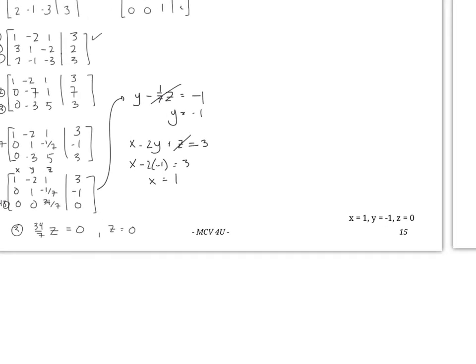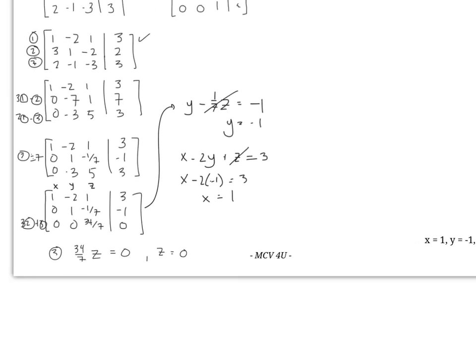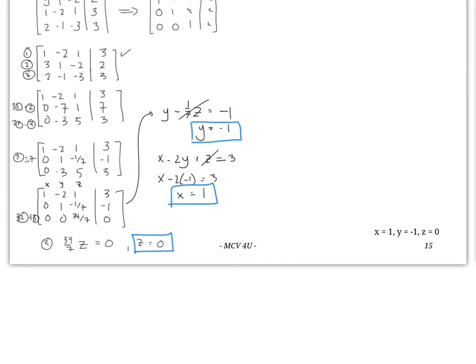Let's just check our answers over there. Yeah, look, our answers seem to be right. So our solution to this system of equations is that z equals 0, y equals -1, x equals 1. That is our solution, which matches with the answer on the page.